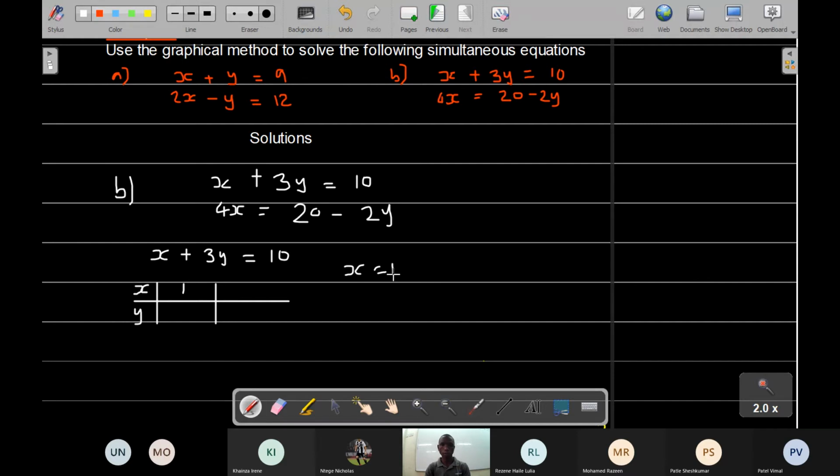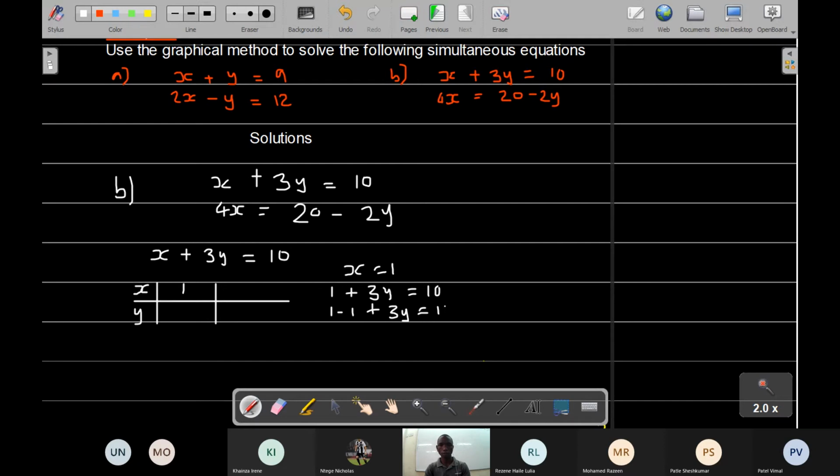So when x is equal to 1, what's y? We substitute 1 plus 3y equals 10. Here I'm now using 1. It's not a matter that you have to use 0. You can also use 1, you can use 2.